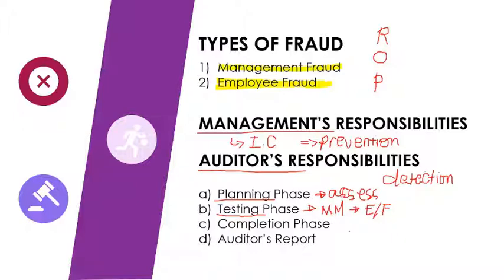Aside from that, as an auditor you need to determine that there is proper evidence of what the client did, or obtain evidence to determine whether material fraud really exists. Because if the auditor is wrong, you could be sued.